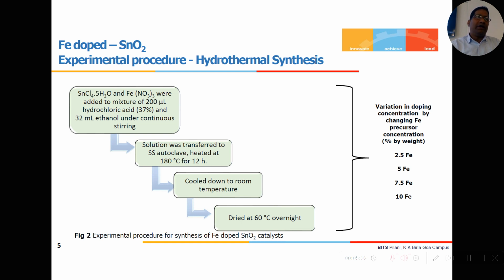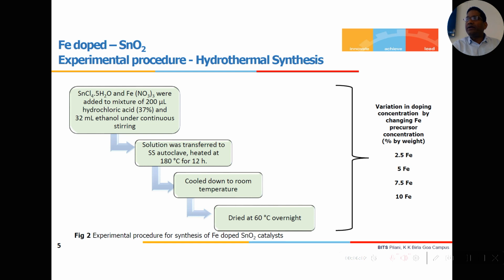After that, we shifted this solution to a stainless steel autoclave where we wanted the reaction to happen at high temperature and pressure. The pressure we maintained is 100 psi, and the temperature we maintained at 180 degrees Celsius for 12 hours. Once the reaction happened, we cooled it down to room temperature and then dried it at 60 degrees overnight.